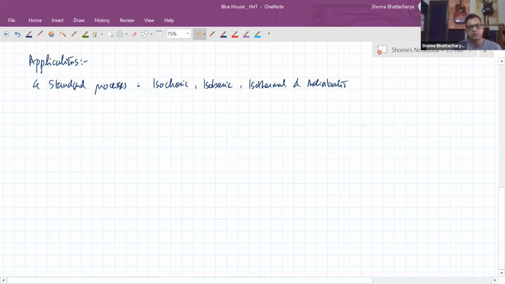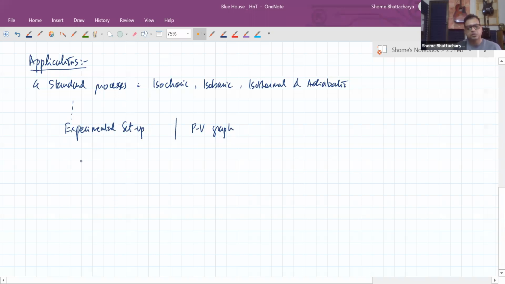So as we look at these processes, we will understand the standard processes in two contexts. One is in terms of the experimental setup, and the other is the PV graph.